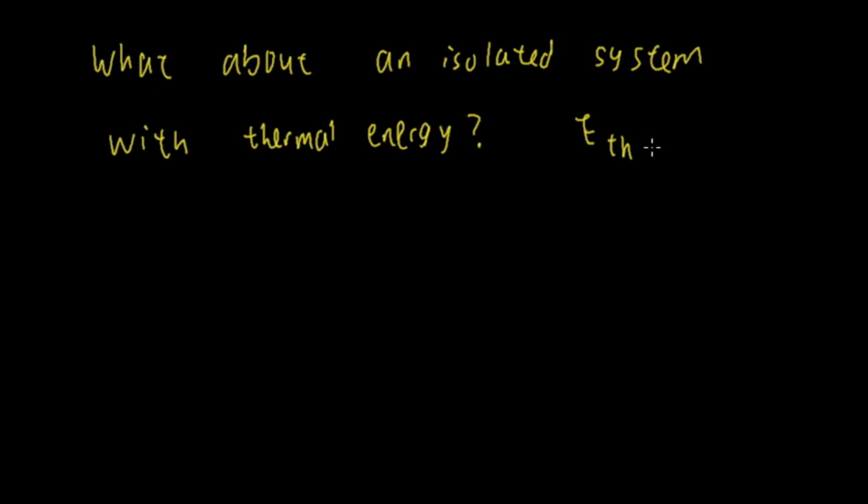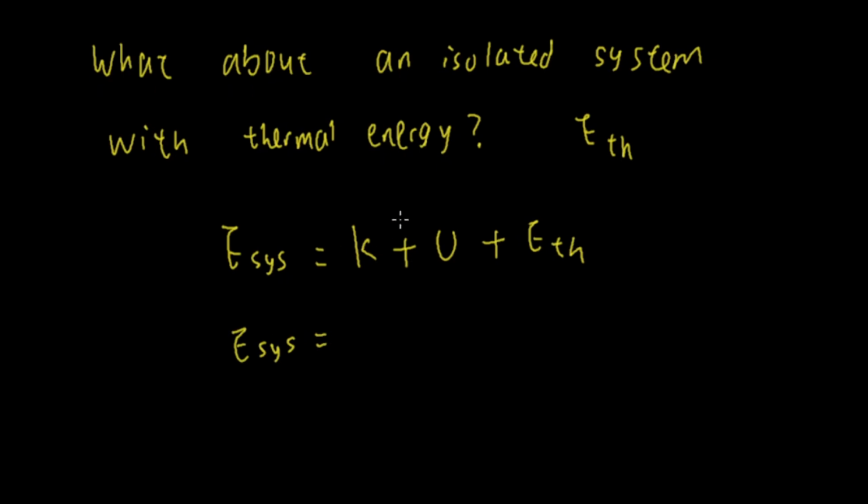And what will be the case? Now, we know that energy of the system here is the kinetic energy plus potential energy plus thermal energy. At the same time, we also know that in this system, we have both the mechanical energy plus the thermal energy. Now, earlier we talked about what it means for the mechanical energy to be conserved. Now we want to talk about this whole system of energy to be conserved and what it means by that, which includes the thermal energy here, right?